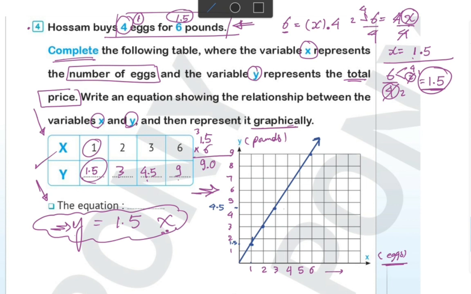Okay, now we have graphed our relationship or equation on the coordinate plane, and now we reach the finished part of our model 3 for November revision. I wish you a good time and thank you.